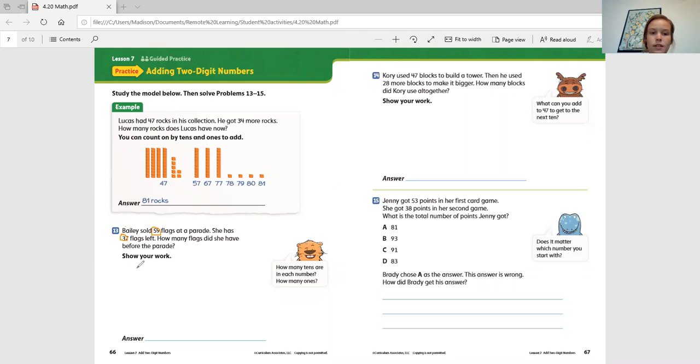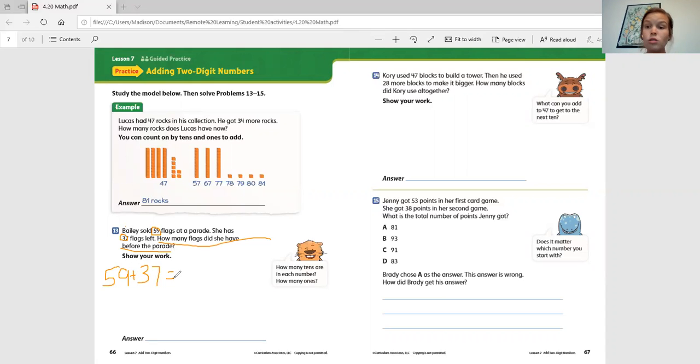So she sold 59 flags, and she had 37 flags left over. And we're finding out how many she had before the parade. So I'm going to add those 2 numbers together. So I'm wanting to do 59 plus 37.